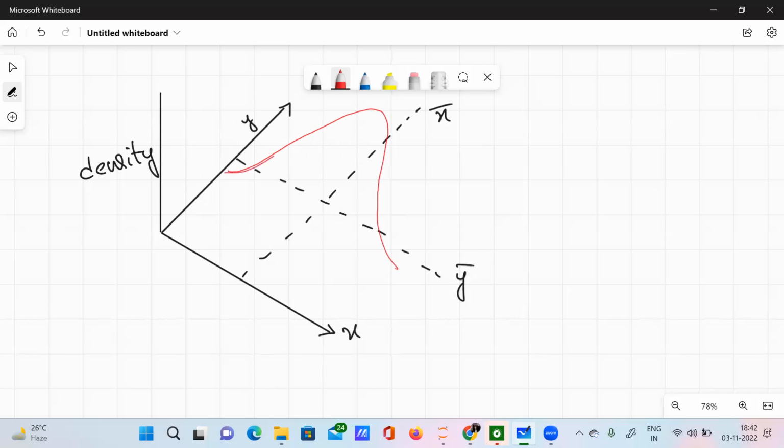See here, this would be the three-dimensional plot of our data. Around the mean value, all our data points will be lying, like this.